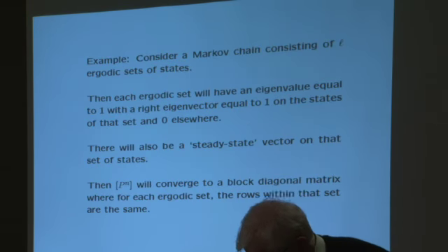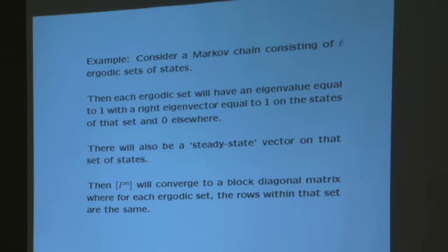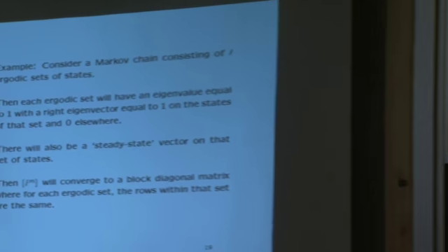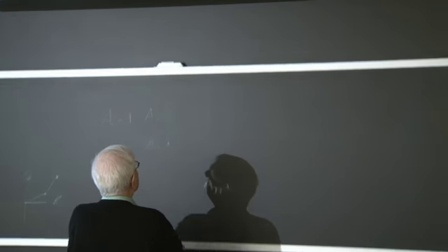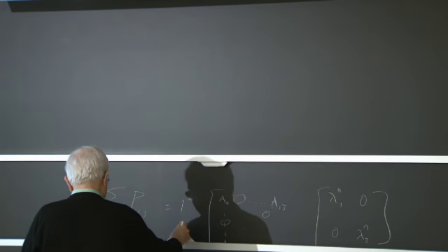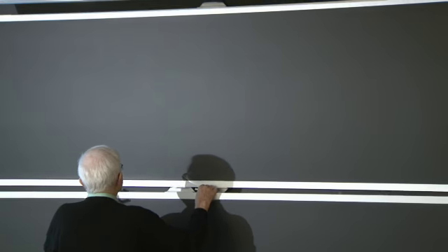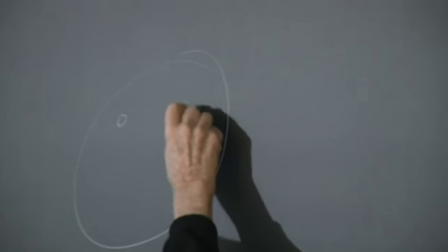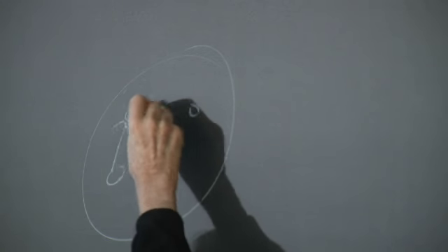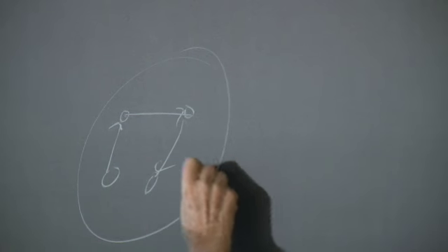OK, so let's look at an example of this. Suppose you have a Markov chain which has L ergodic sets of states. You have one set of states over here which all go back and forth to each other.